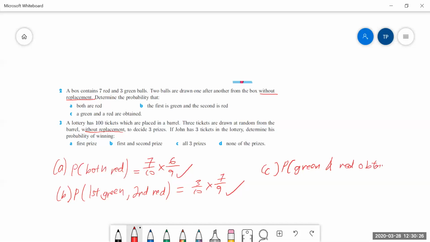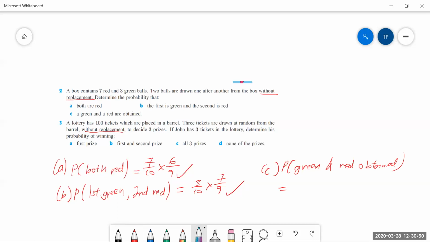Wow, this one is a bit different, huh? Because the previous question already found the answer for first green, second red. If you want one green and one red, it can be the green first then the red, or the red first then the green. So it's like two probabilities.